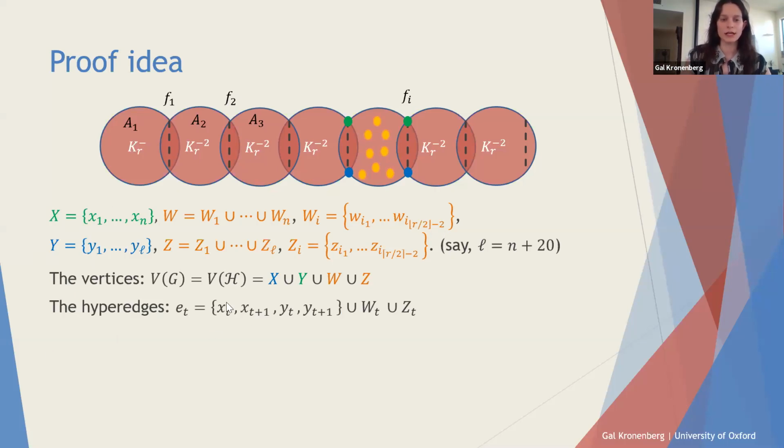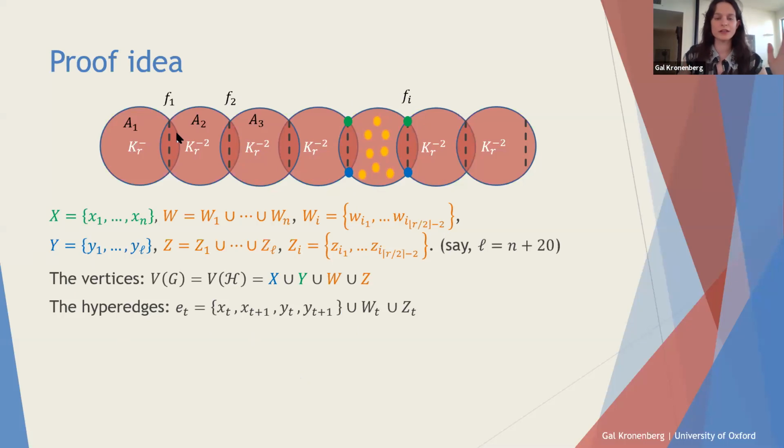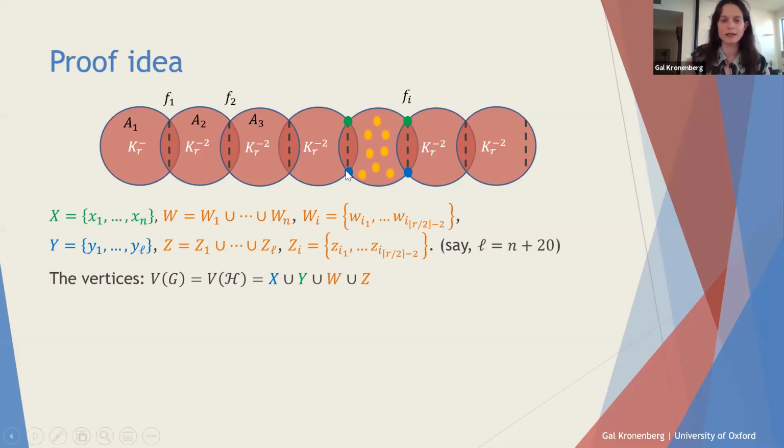Yeah, so these are the hyperedges. All the cycles here are the hyperedges. And instead of considering it only once, I want to allow it to intersect itself. So I have this x_t, y_t, x_{t+1}, y_{t+1}, and all the vertices in the middle.